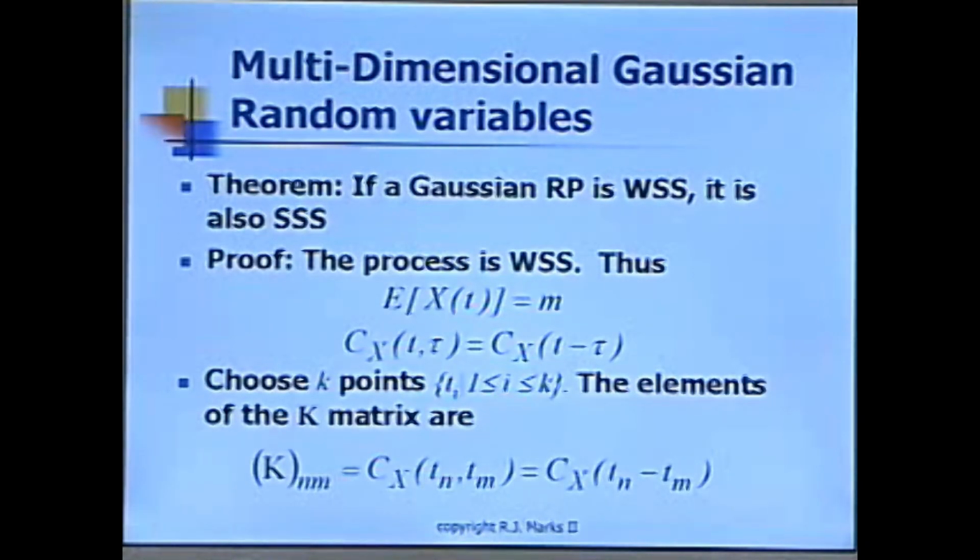Since the process is wide sense stationary, this is simply a function of the distance between the 2 points, right? By definition, since it is a wide sense stationary stochastic process. So therefore, the elements of the covariance matrix are given by this autocovariance, where the argument is simply a function of the distance between the two random variables.